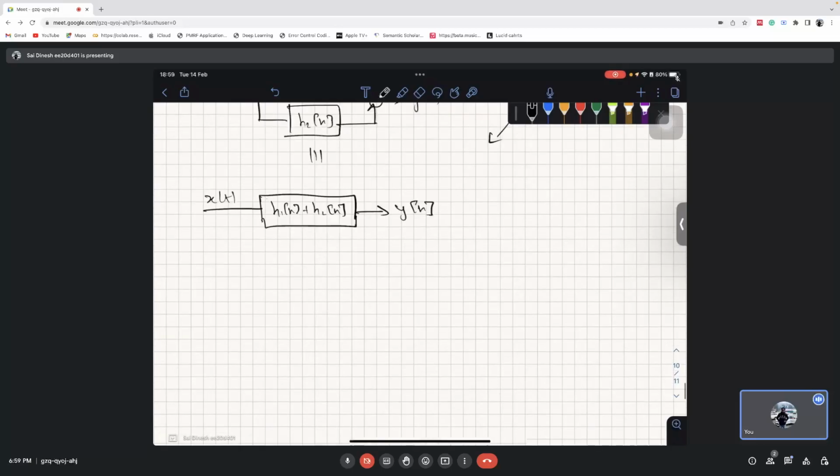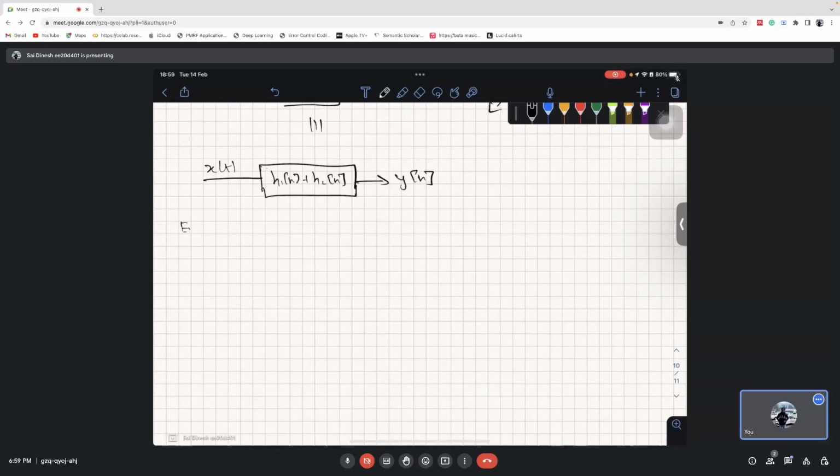So let's see an example, right? Let's say we have x of n equal to 1 by 2 power n into u of n plus 2 power n u of minus n, and then h of n is equal to u of n. So here again we have two parts for the signal.